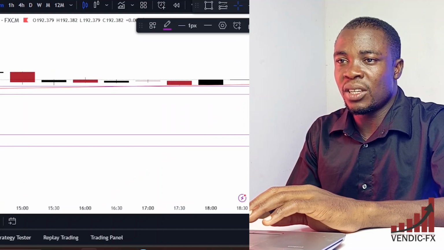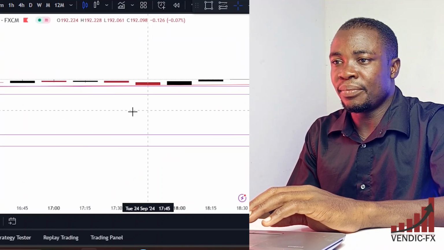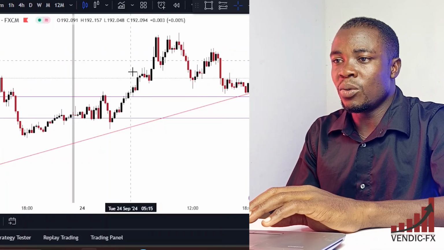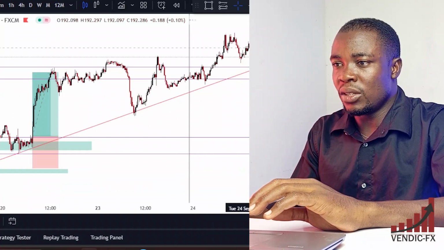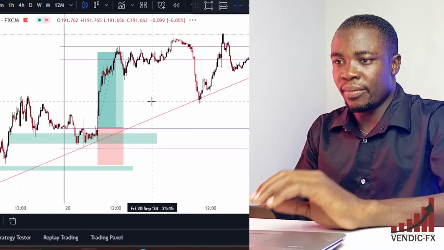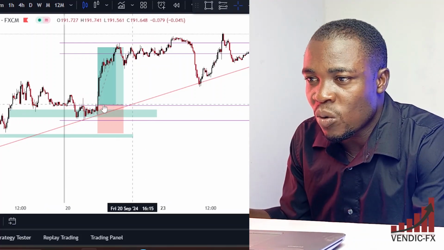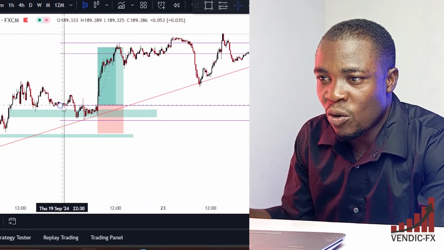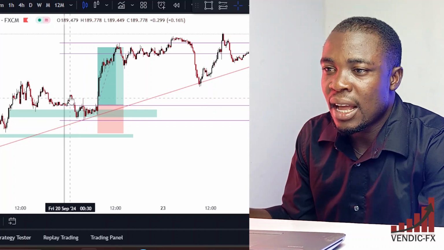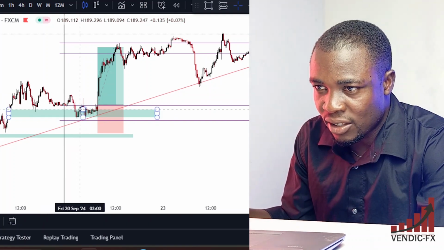Let's go to 15 minutes so that you will see how this thing is. This is today's trade. This was Friday's opening price.